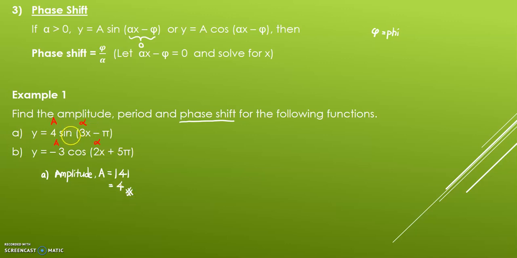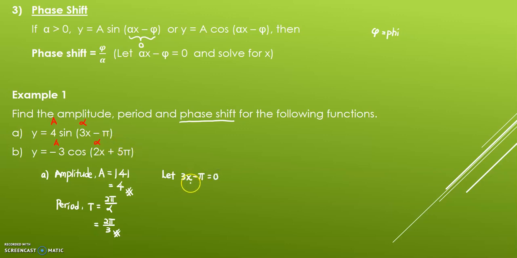Next, we look at period. T is equal to 2 pi over alpha, where my value of alpha is 3. So 2 pi over 3. Now we come to phase shift. In order to find the phase shift, I will let the bracket equal to 0. Means let 3x minus pi equal 0.